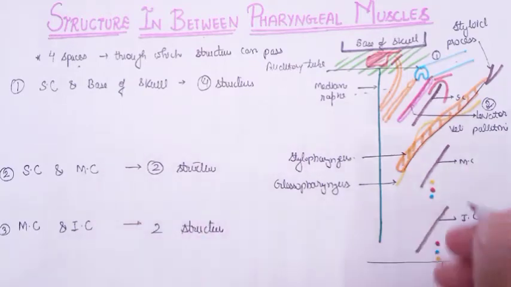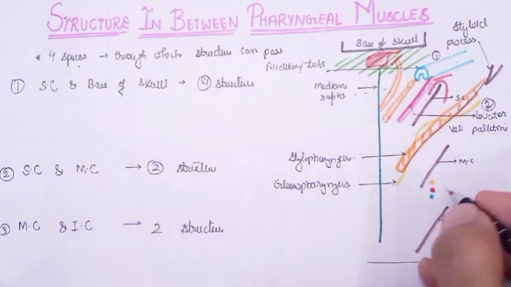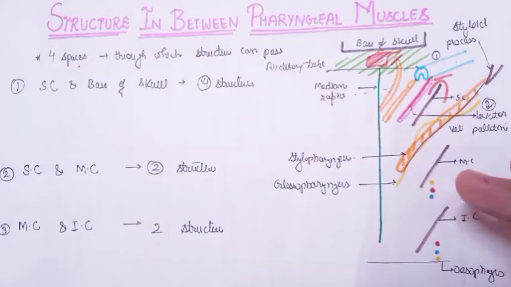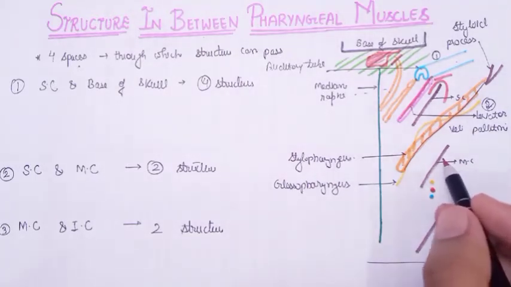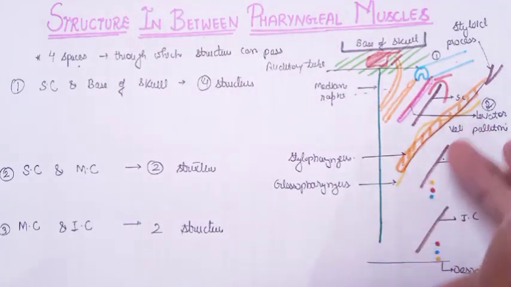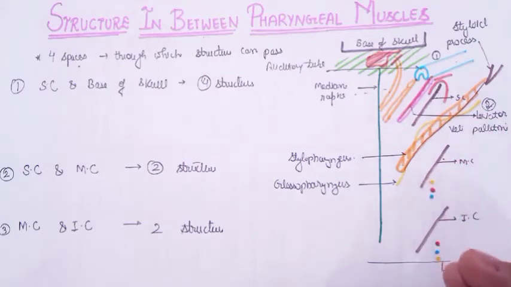Why two structures? Because I am considering the vessels together, because they are superior laryngeal vessels, and down we have inferior laryngeal vessels, that is the nerve and artery. So you can see, below the middle constrictor, all the structures are related to the larynx.